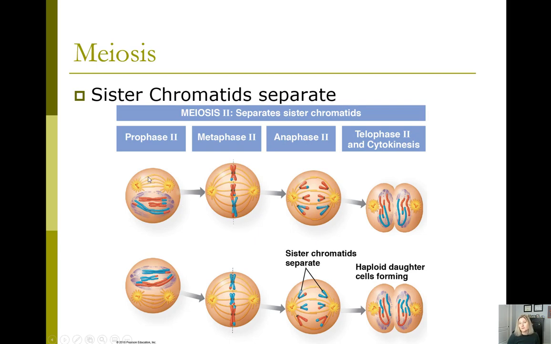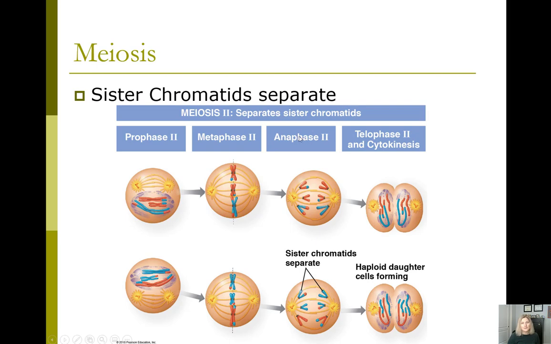In prophase part 2, it's just like prophase in mitosis. So the nuclear envelope disappears, and the mitotic spindle starts to attach to the kinetochores on the centromeres of the chromosomes. In metaphase part 2, same as in mitosis, the sister chromatids get pushed and pulled until they are in the center of the cell.